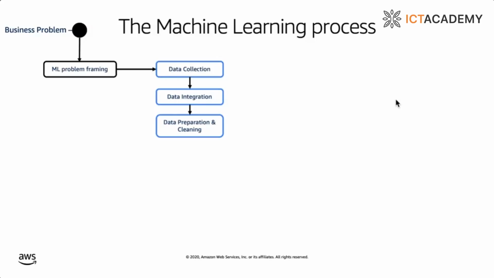There are several tools right now from every popular vendor who actually give you that. But how does this happen underneath? It's really all about data collection, data integration, and data preparation and cleaning. This is a three-step process, and interestingly, there are some areas where you are going to spend a lot of time. We are going to talk about it.